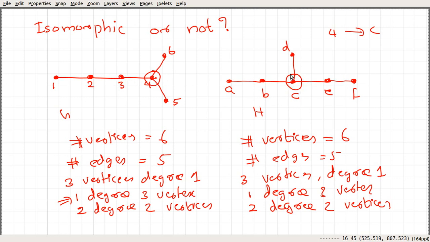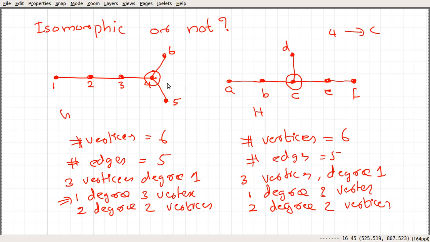And if you look into this C, there is only 1 vertex of degree 1 and the neighboring 2 vertices have degree 2. So that's the structural mismatch here.